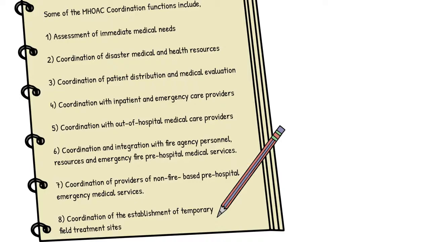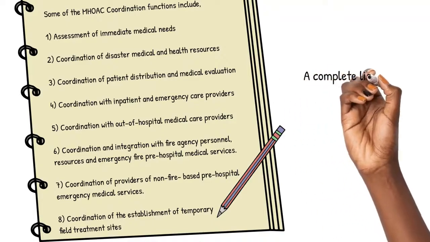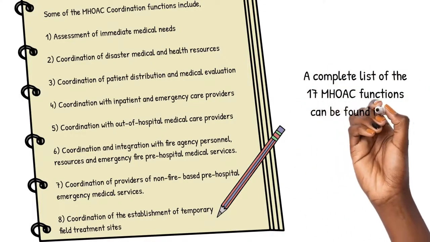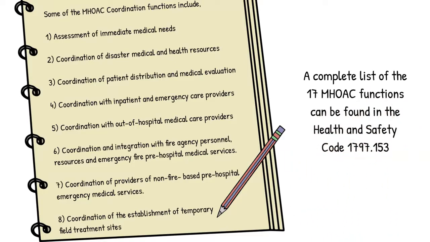It's not just a person, it's a program. The functions include everything from assessment of medical needs and coordination of disaster medical and health resources, all the way down to coordination of non-fire-based pre-hospital EMS and establishment of temporary field treatment sites. The full list of the functions in the statute can be found in Health and Safety Code 1797.153.